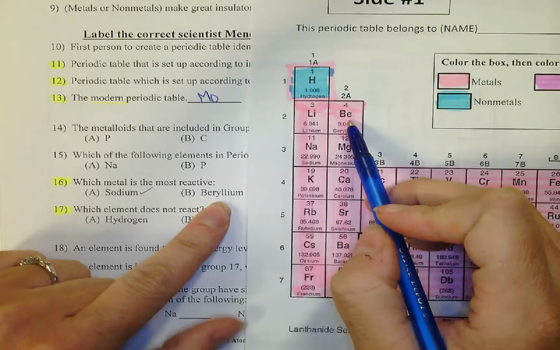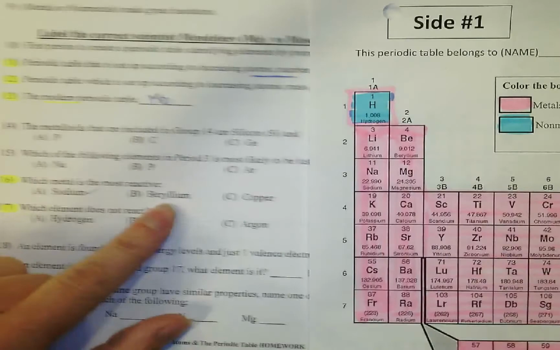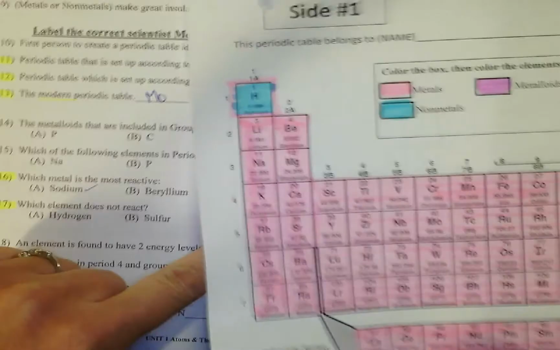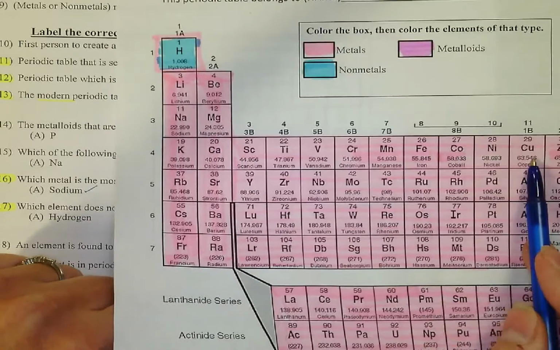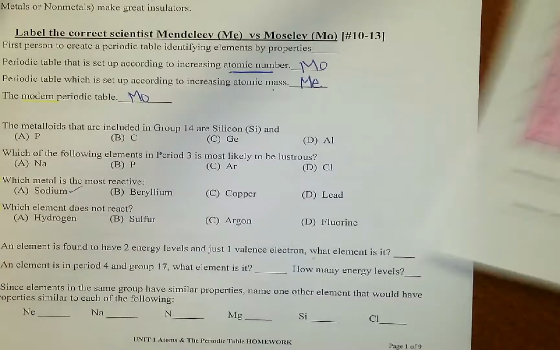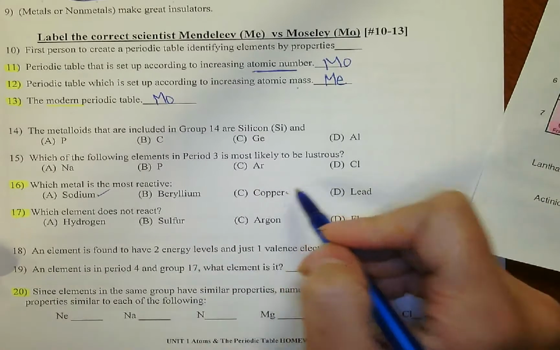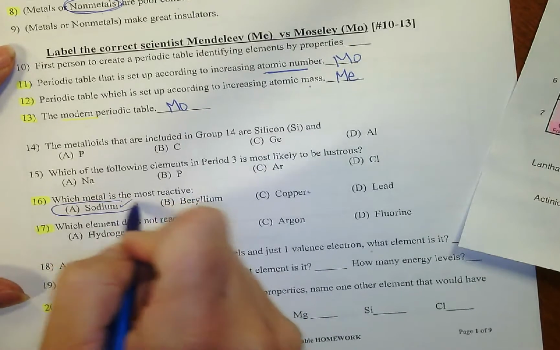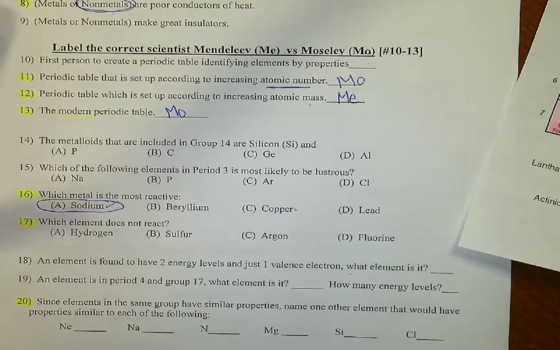It is reactive, but not as much as sodium would be. Copper, way over here in your transition metal group, is not very reactive at all. And lead, again, is way over here in the middle, so less reactive. I've looked at those, and then I can say sodium. Family 1, the alkali metal family, are the most reactive metals.